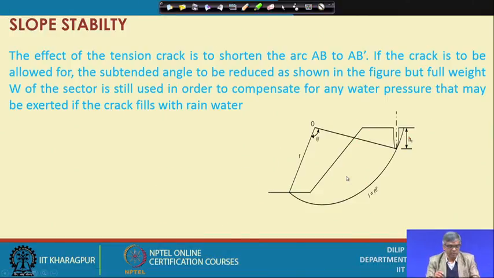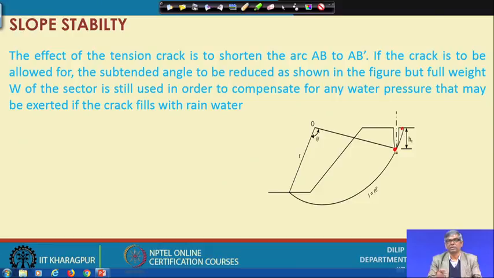That has to be considered in the analysis. You can see here once again the tension crack is shown, and we assumed a failure plane something like this, and it is supposed to go up to this, but because of the tension crack I have to terminate here. Beyond that the slip surface will not have any resistance, because before that it gets separated due to the tension crack. So I have to consider only this. The original theta was based on this, but now I have to consider theta dash.